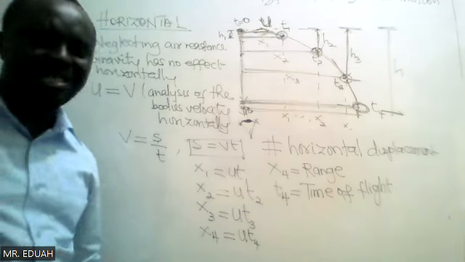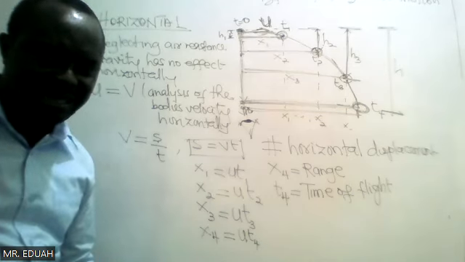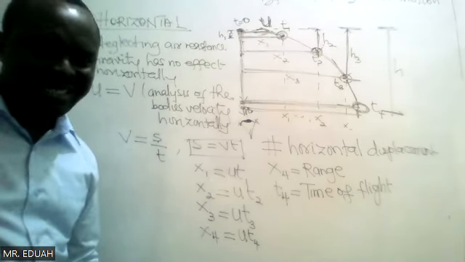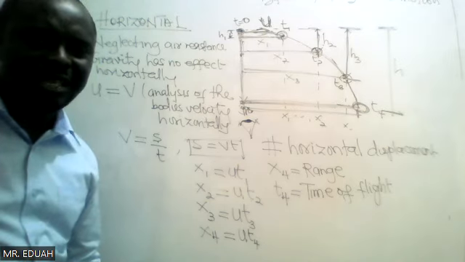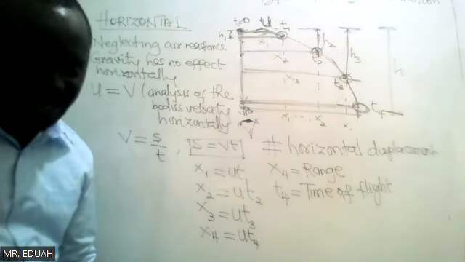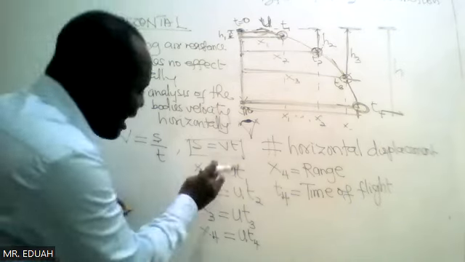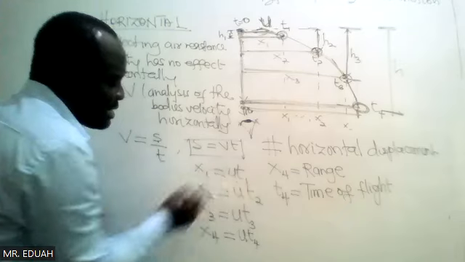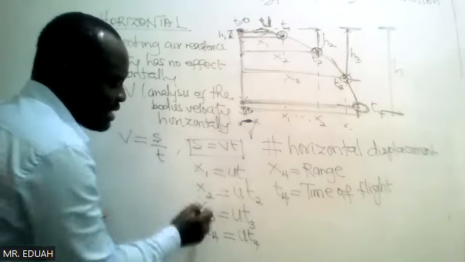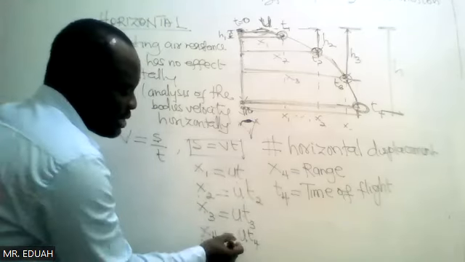So the range is the total horizontal distance, and the time of flight is the total time taken.